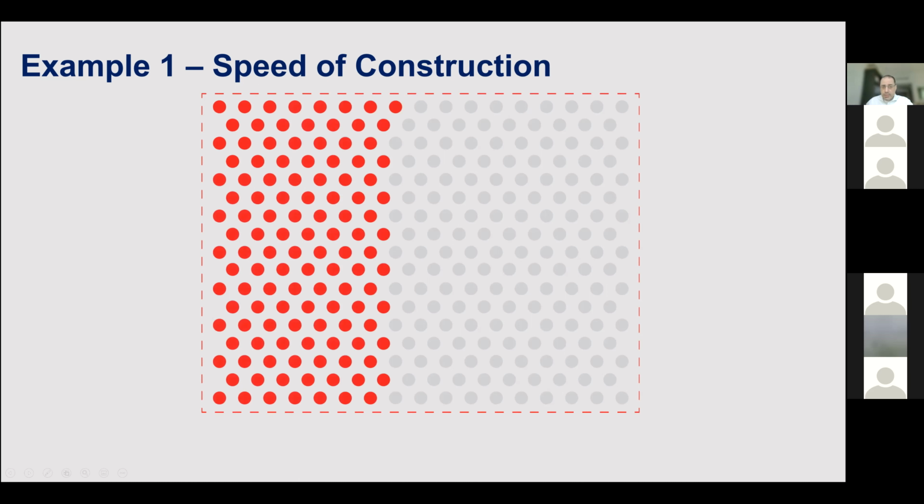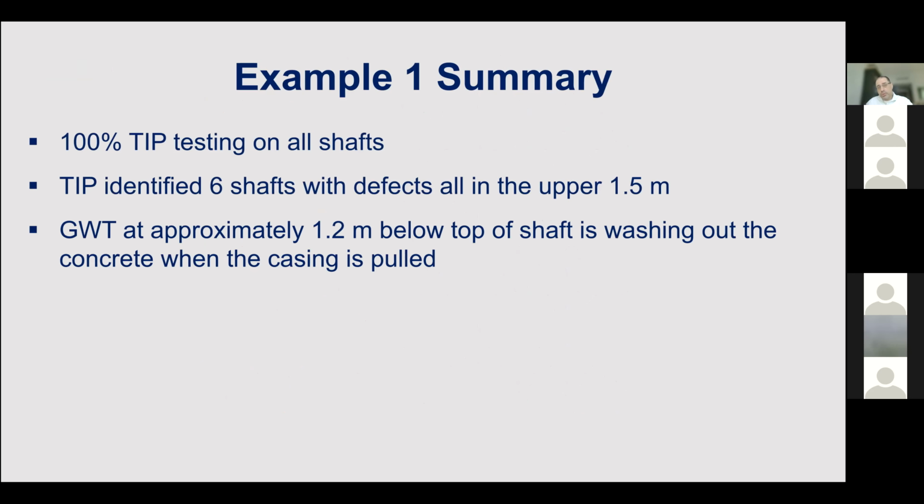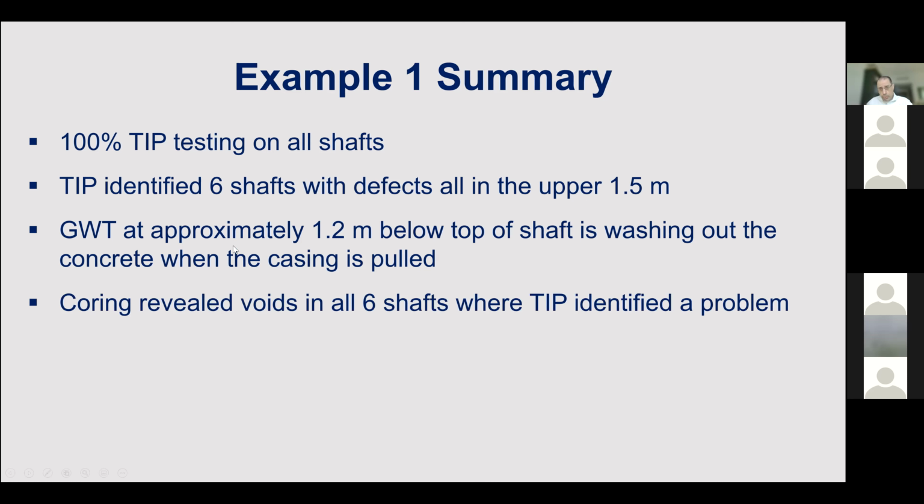So the summary: 100% of the shafts were tested using thermal. TIP identified there was a problem at the top 1.5 meters after installation of only 6 shafts. The groundwater table was at 1.2 meters, which was causing washing out of the concrete when the casing was pulled out.